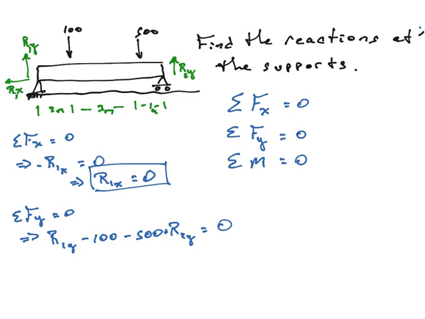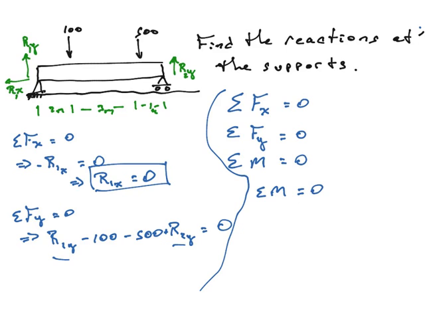And now we see I have a problem. There's two unknowns in this equation. I don't know R1y, and I don't know R2y. So I'm stuck. Let's look at the third equation I'm allowed to use, and that's the sum of the moments. Sum of the moments better be equal to 0.